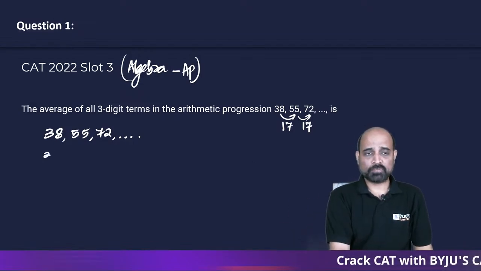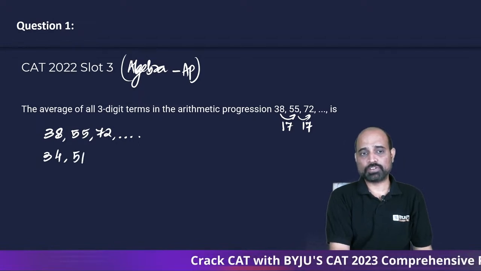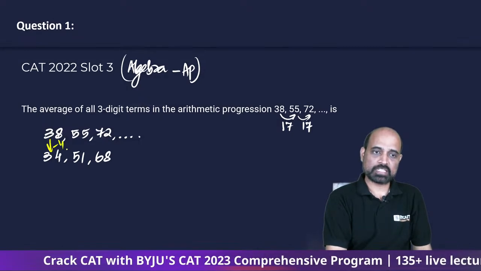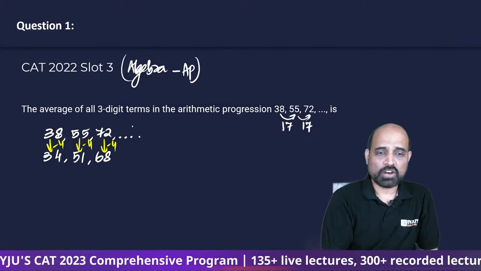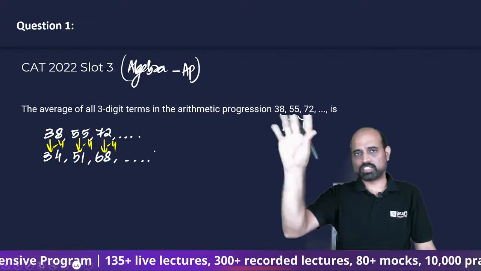We have 17 into 2, 34, then 17 into 3, 51, 68. So what you will realize is that I am decreasing 4 from every term here. Okay? Now I'm going to pay attention to the bottom series and the actual series. I'll change it accordingly.